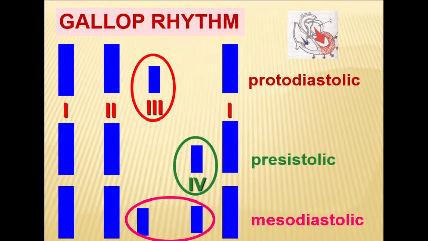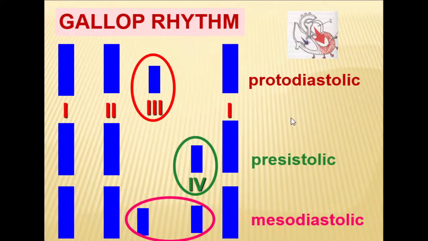It cannot be differentiated during auscultation because our ear listens to only three strokes. And we are talking about gallop rhythm because of audible vibration of the weak heart muscle.